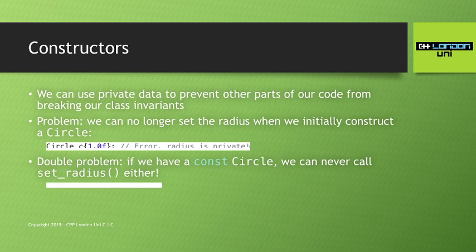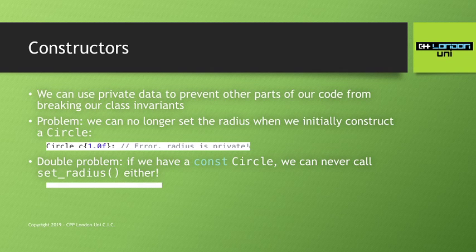And there's rather more of a problem in that if we have a const circle, not only do we have to deal with only having the default values, whatever we picked, or a radius of 0, we can never change that radius, because that's the entire point of declaring a const object: you can never change it once it has been constructed. Once it's been constructed, you can never change the values of any of its data members.